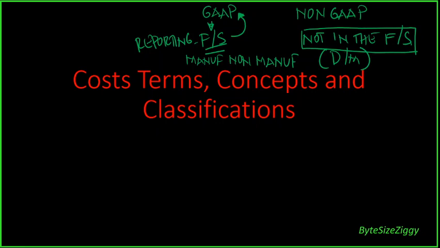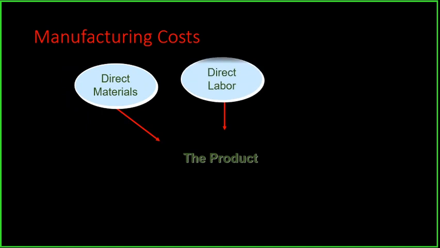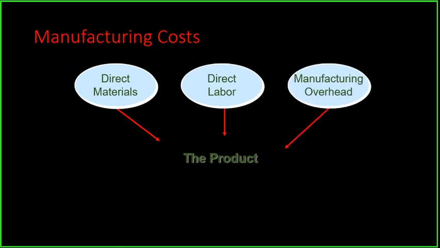Now, starting with our GAAP costs, our GAAP costs are classified into two. You have your manufacturing and non-manufacturing costs. Starting with the manufacturing cost, you have the three basic costs. Or a review, from cost accounting, you have direct materials, direct labor, and then you have here your manufacturing overhead.